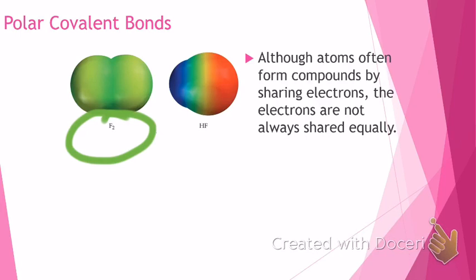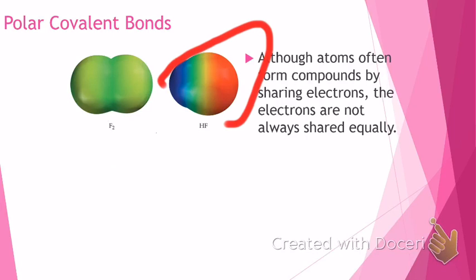However, if we have something like hydrofluoric acid, HF, it's not shared equally. That fluorine really loves electrons more than the hydrogen does, and so its electron cloud looks considerably different. If we look at the electron cloud, what they've done with the hypercolor here is show more of the electrons located on the fluorine side of the molecule, whereas with F2, the electron cloud is shared evenly.